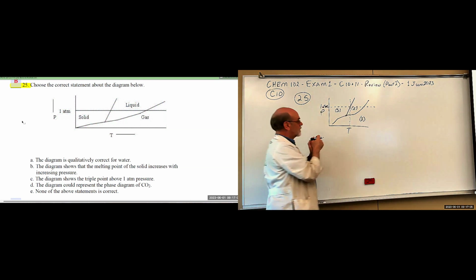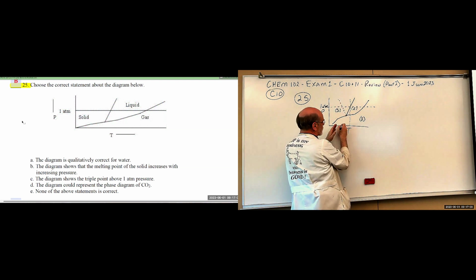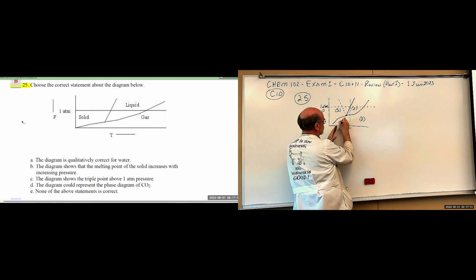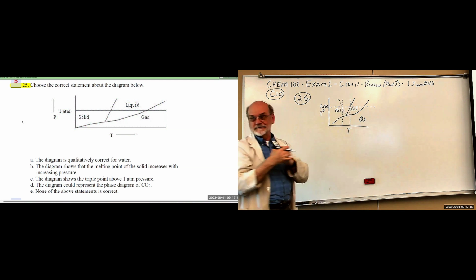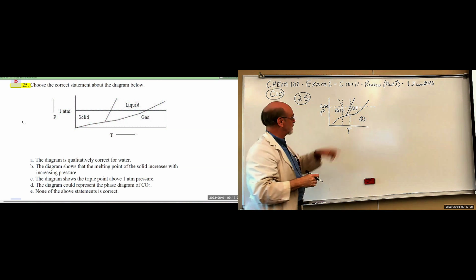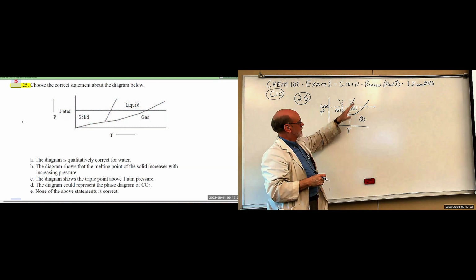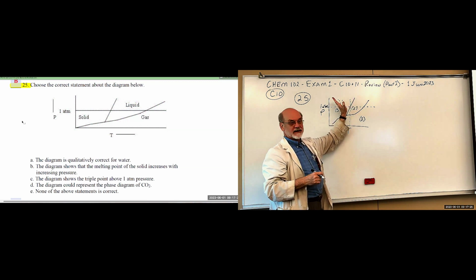But with water, it goes back the other direction. So at this temperature, as you increase the pressure, you go from solid to liquid. Okay, that is not water because of this slope. For water, the solid liquid phase line is a negative slope.